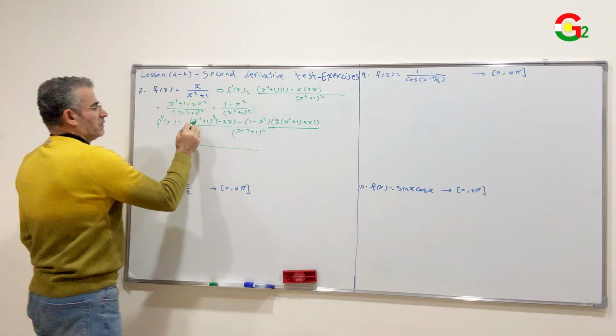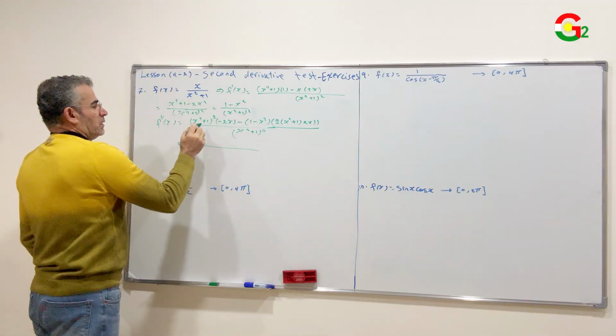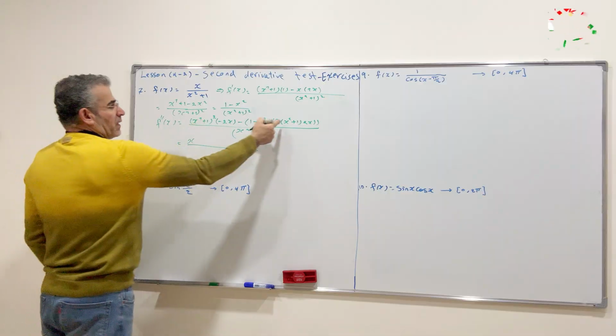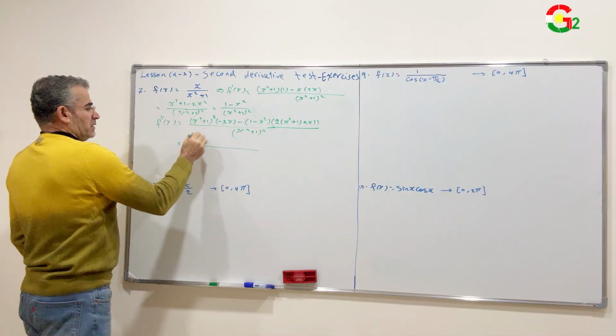Simplify this function. Factorize this term and this term by x power 2 plus 1.